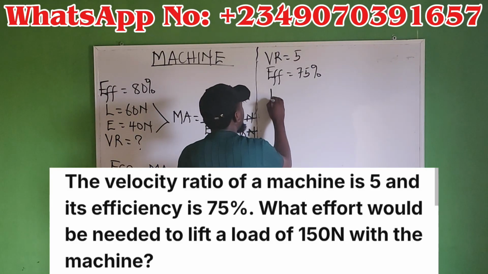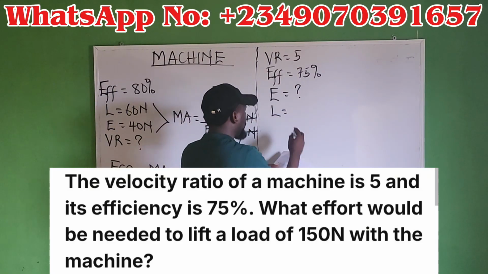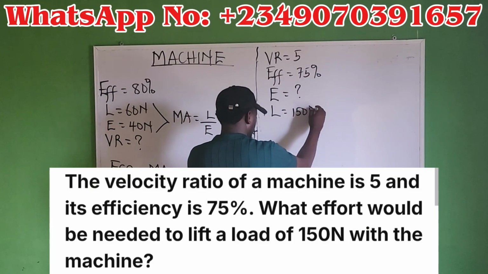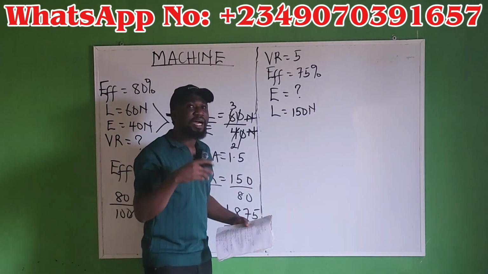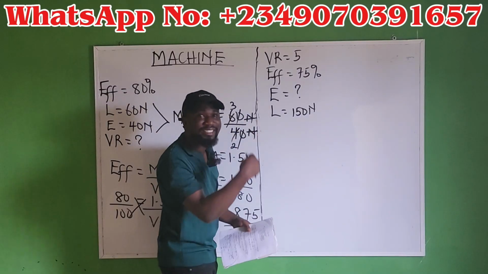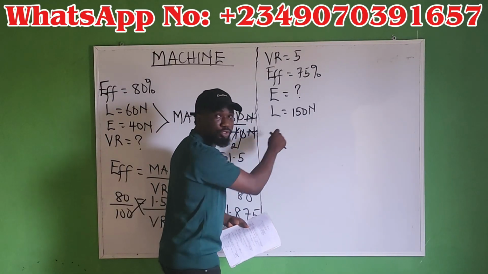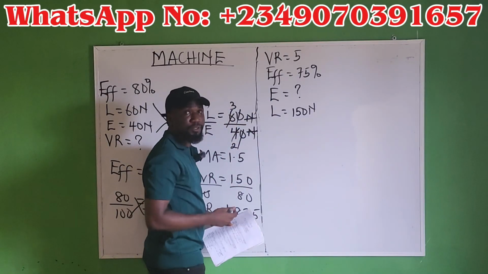So we want to get effort, and we are told that the load is 150 Newton. Do not forget, our final answer for the effort is going to be less than the load. So we have efficiency here, we want to get effort.